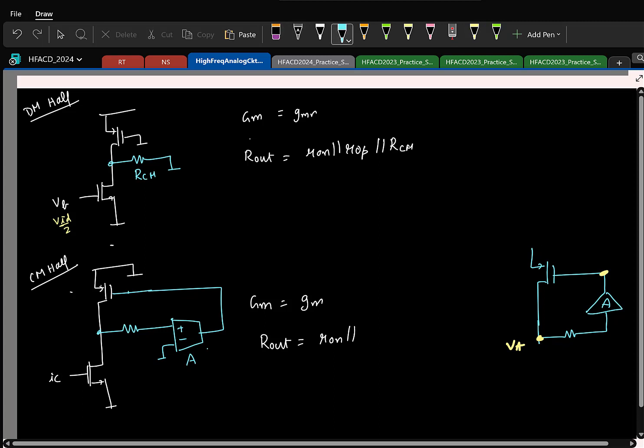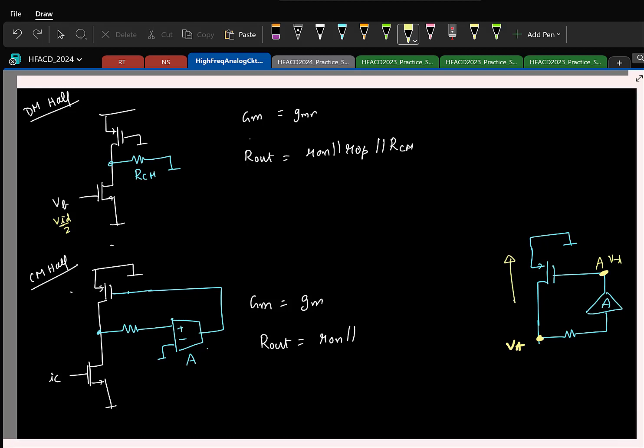This is incrementally short. So here it is going to be A times V test. So what will be the incremental current? GM times VGS. So what is the output resistance then? 1 by A GM, the GM of the PMOS.